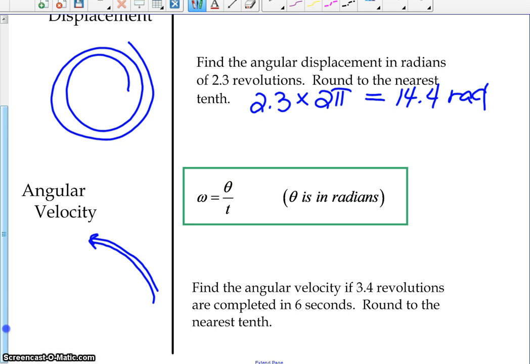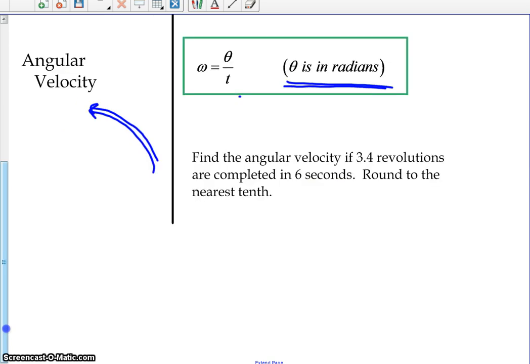This formula is only useful if your angle theta is given in radians. So sometimes we have to change the angle into radians. Let's start here. Find the angular velocity of 3.4 revolutions if those are completed in 6 seconds. Round this to the nearest tenth.